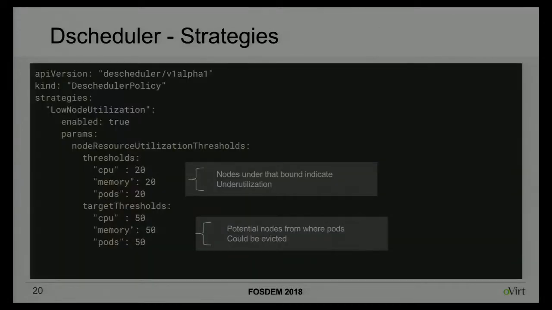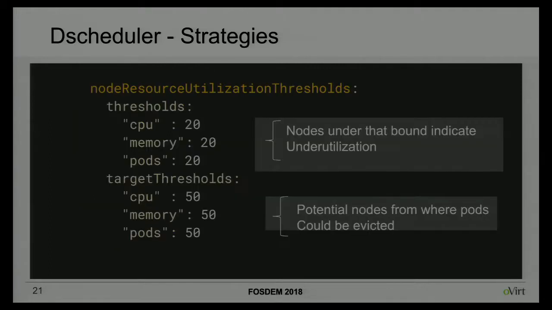Again, because Kubernetes is declarative, the scheduler also gets a declarative file with that specific policy. For the example of low utilization, I'll zoom in a bit.